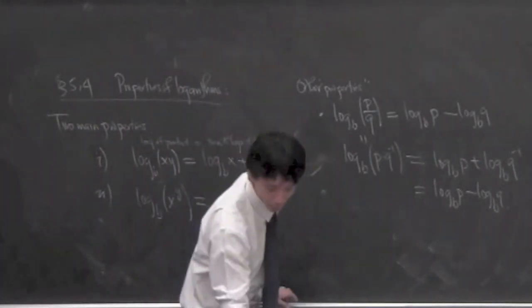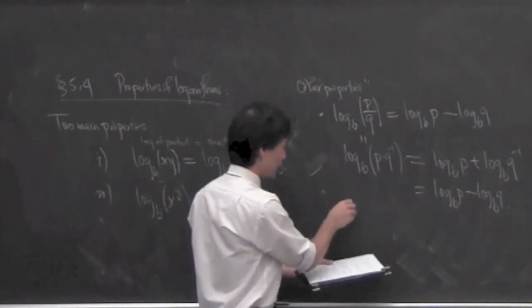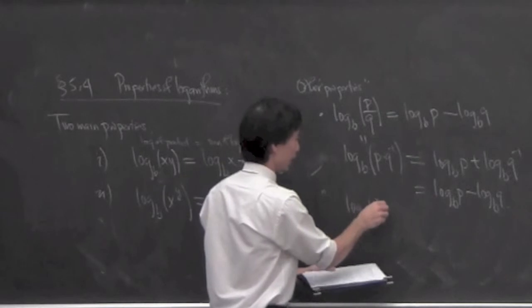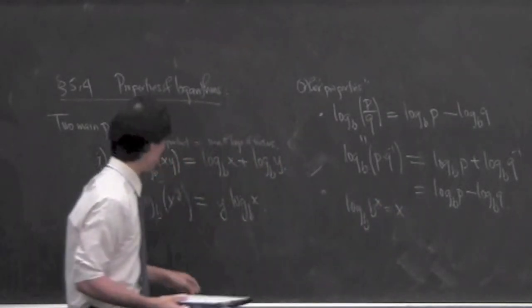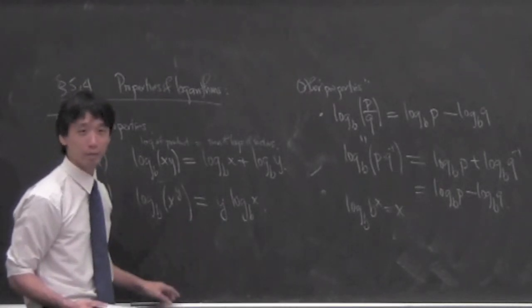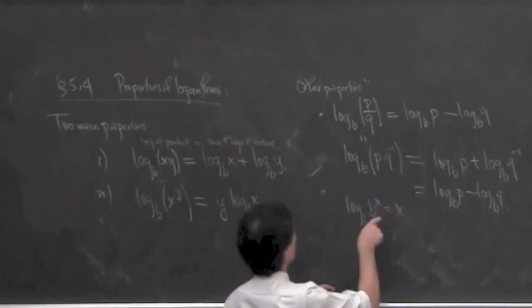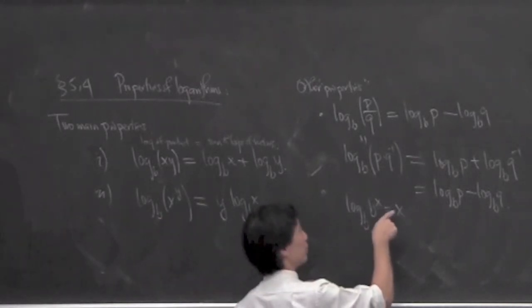They also give these other properties. For example, log base b of b to the x is x. But that's the same thing as this property, right? Because what does the second property say? It says we can pull the x out.